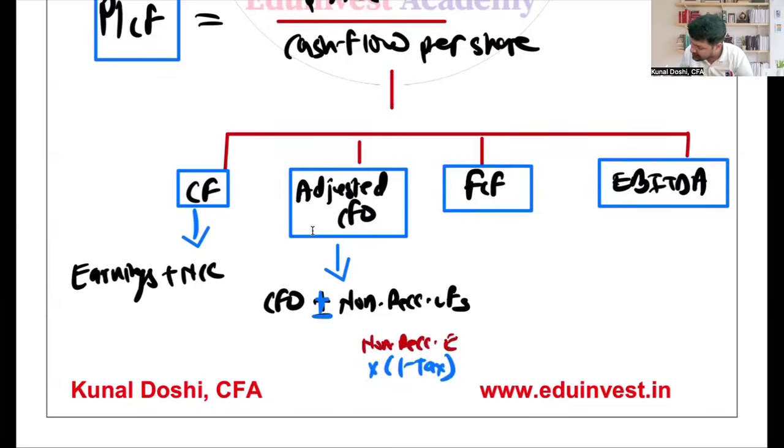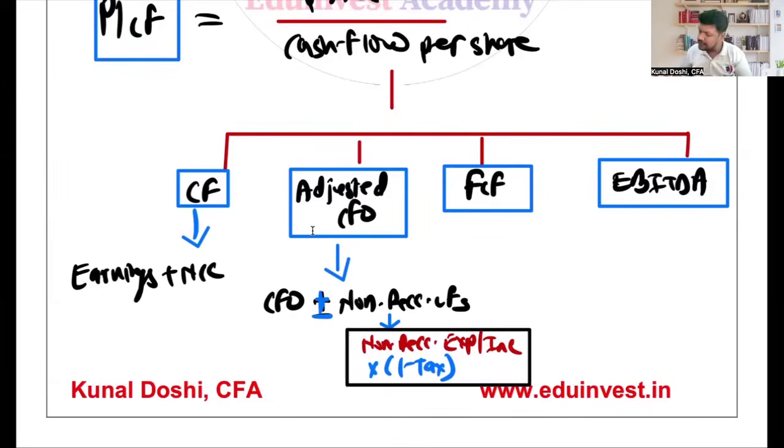Hear it out carefully. It is related to a non-recurring expense or income. But whenever I say expense or income, don't forget to adjust for the taxes. Clear? Those adjustments make your adjusted CFO.